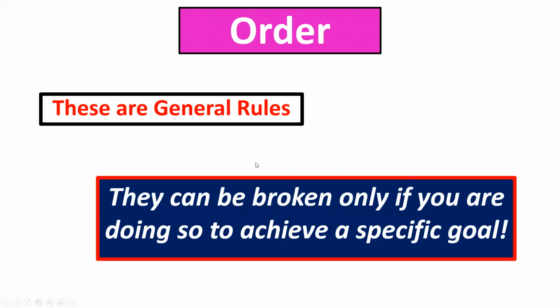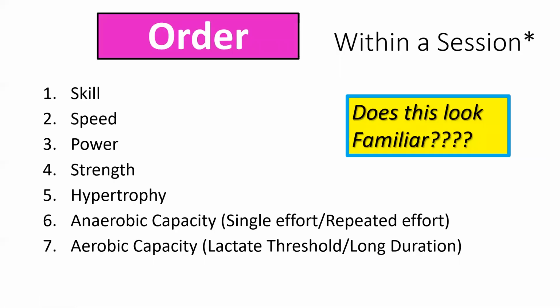Okay, these are general rules. So don't think that this has to be followed every single time you make a training session. If my lactate threshold is what is most important for my sport, I'm probably going to do that lactate threshold session first. If my anaerobic capacity is what matters most, I'm probably going to do that first, and then I'm going to do my strength work later.